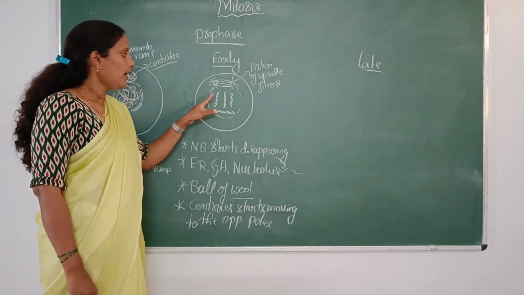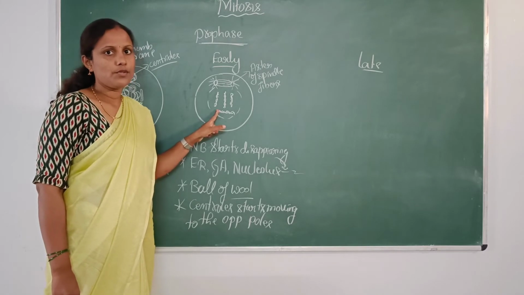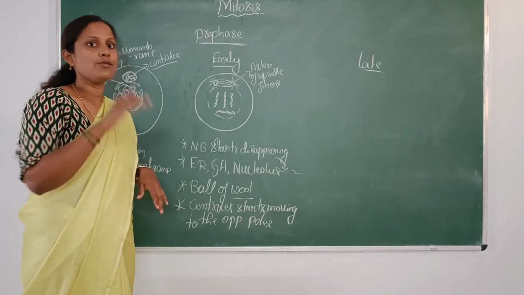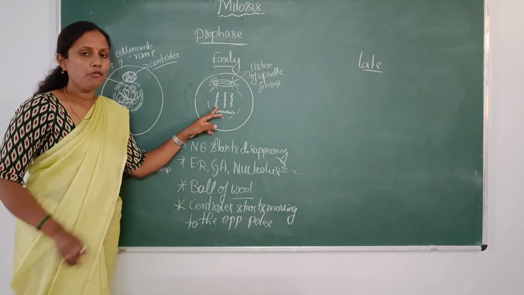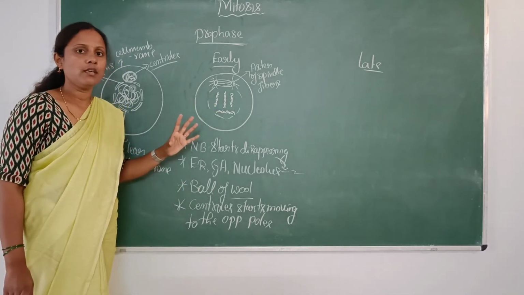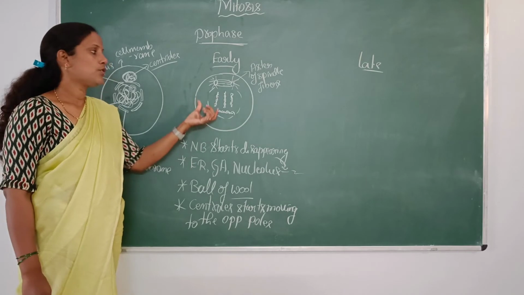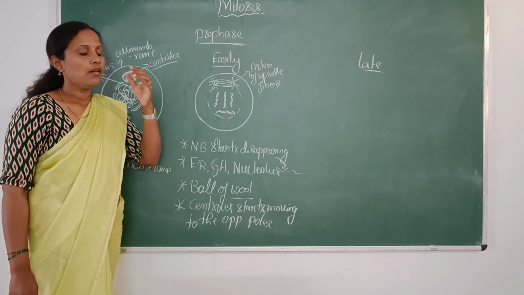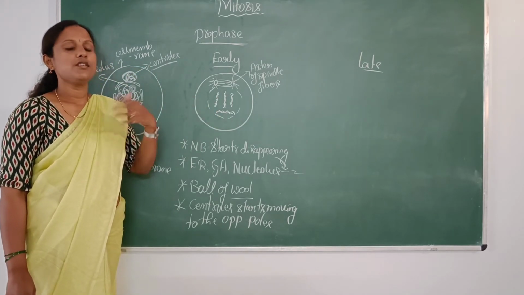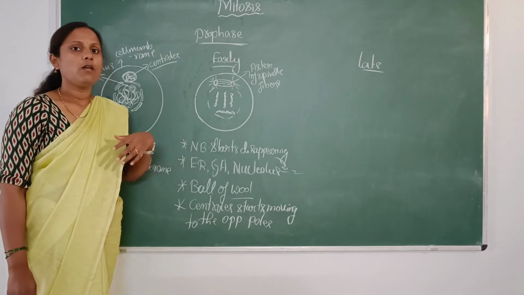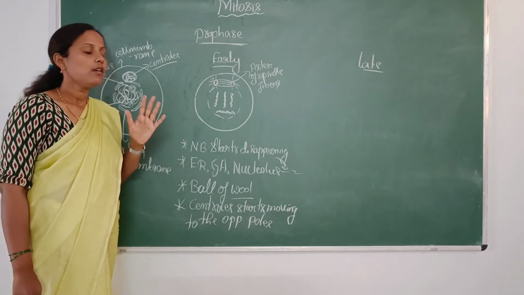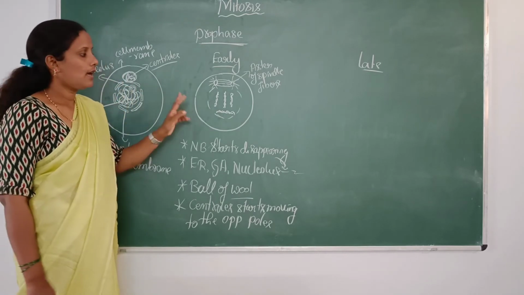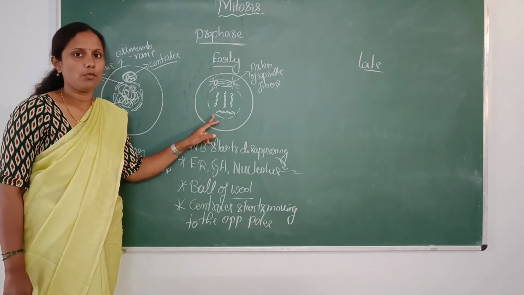And here I have drawn only 4 chromosomes for the sake of understanding. To keep track of the number of chromosomes, I am just taking 4 chromosomes. And don't think all cells have 4 chromosomes; the number of chromosomes will differ from one animal to another, or from one plant to another plant. That you should have in mind. But for understanding purposes, I am just taking 4 chromosomes.